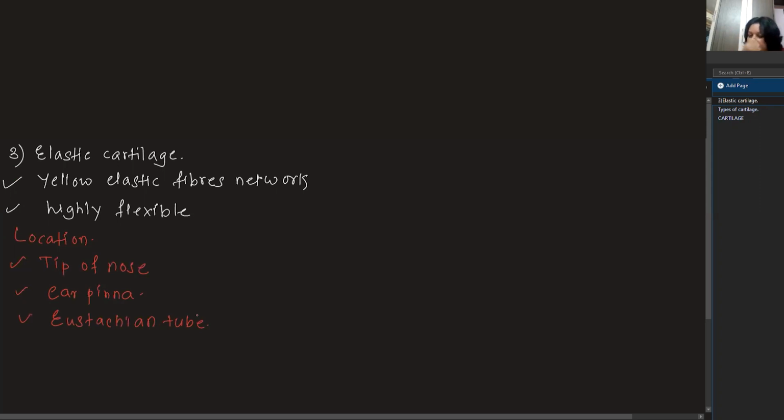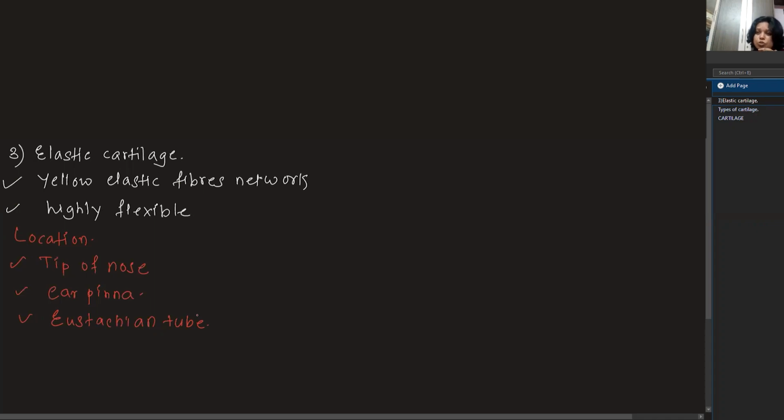So this is tip of nose, this is ear pinna. You can twist it. Again, it can resume its original shape and size. Because these structures are supported by yellow elastic cartilage.